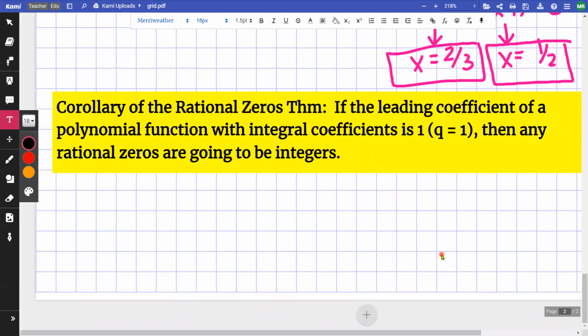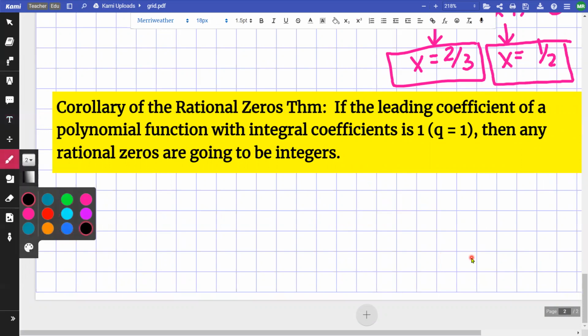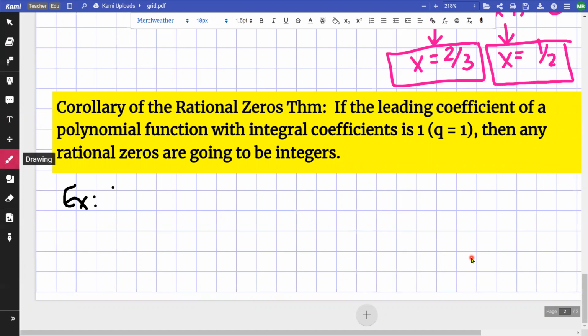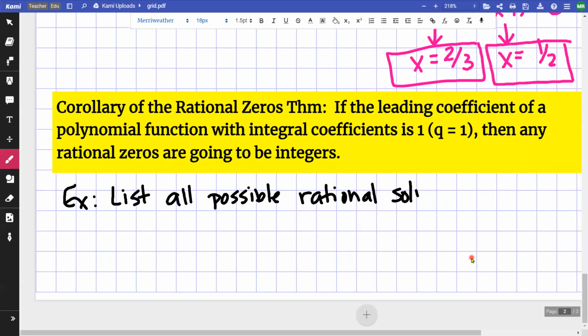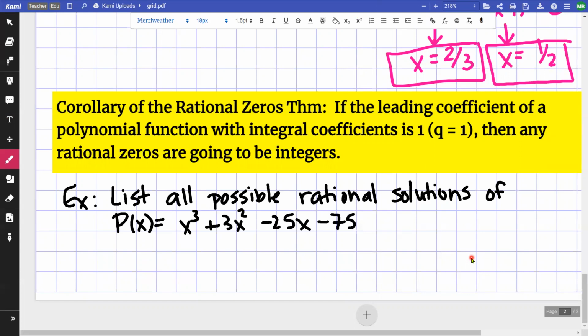So let's say, for example, we have the following. And they say, list all possible rational solutions, okay? Of P of X is equal to X to the third plus 3X squared minus 25X minus 75.